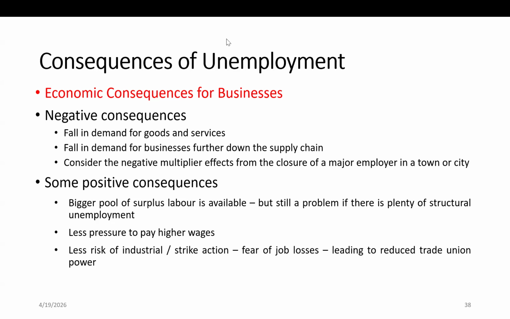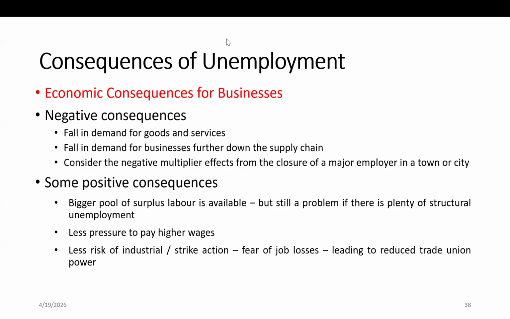And consider the negative multiplier effect from the closure of the major employer in a town or a city, right? So there will be a multiplier effect. So what do you mean by a multiplier effect? Think about closing the main employer in your town, or in your village, or in your city.